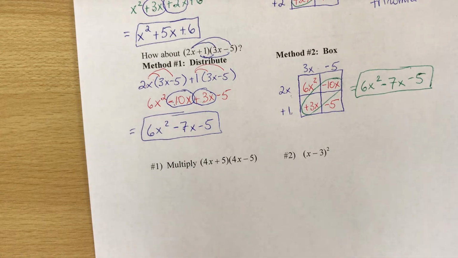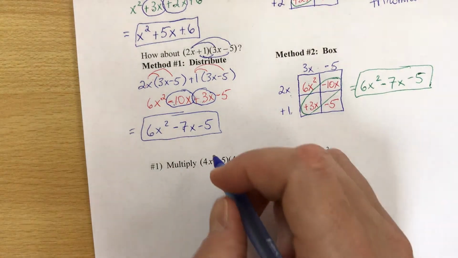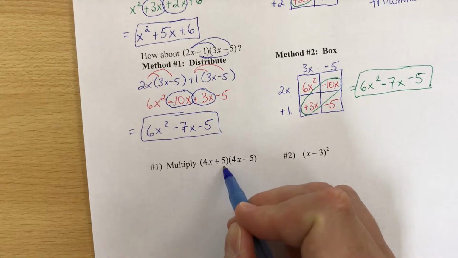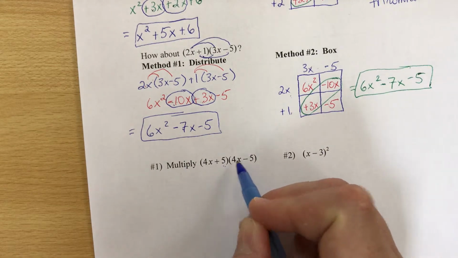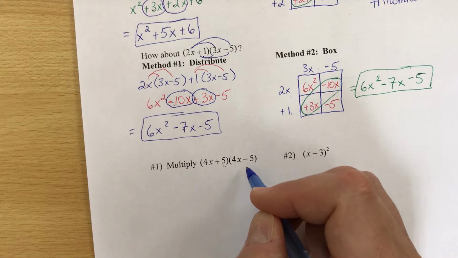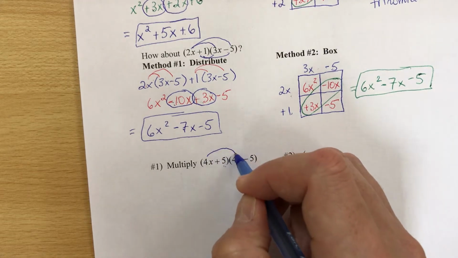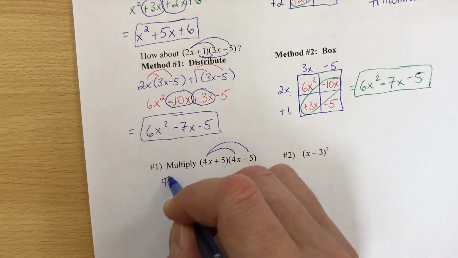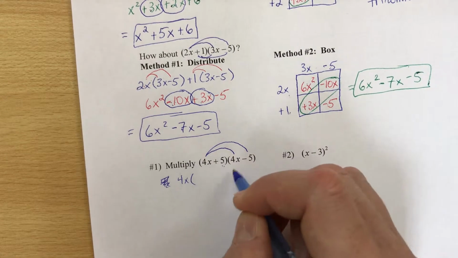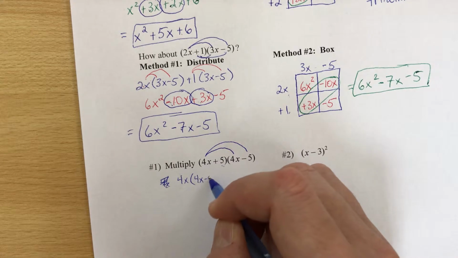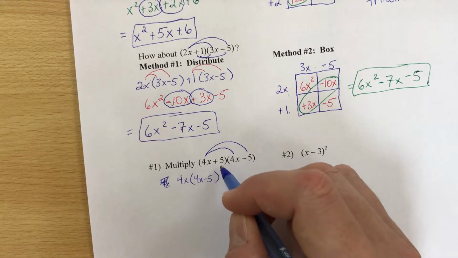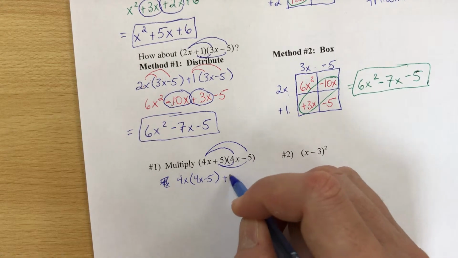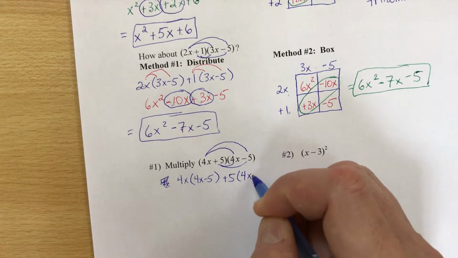Let's take number 1. I'll take this one by double distributing. So we're going to take 4x plus 5, and we're going to multiply that by 4x minus 5. So the first 4x will distribute. So 4x times the 4x minus 5, and then we take the other term, which was plus 5, and we'll distribute that to 4x minus 5.